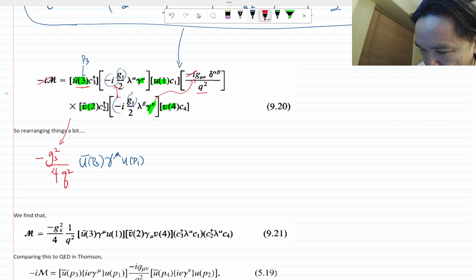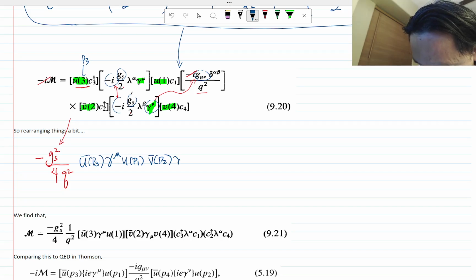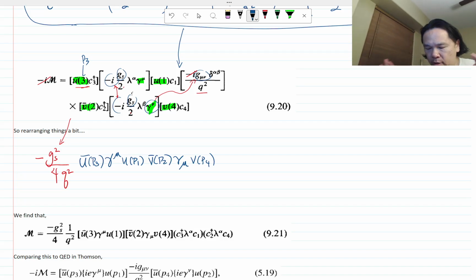So this will be V of P2, right? So this gamma mu times G mu nu is going to give us a gamma mu downstairs instead. And then we also still have the P4 at the end. Okay, so that's all the QED stuff, the 4x4 stuff.